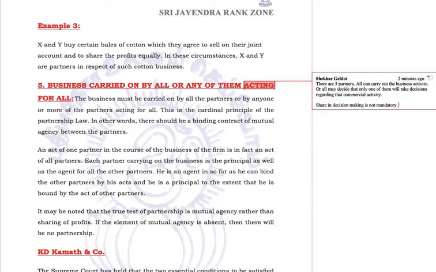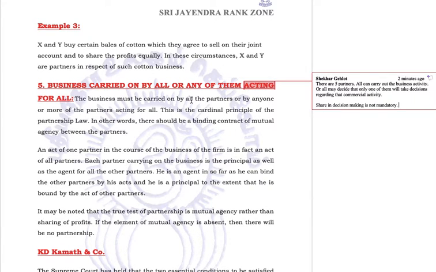That's it. And it is not mandatory who is acting on behalf of them. Either all of them are acting for the partnership, or only one of them is acting for the partnership. Any one of them can be the acting partner for all of them. The business must be carried on by all of the partners, or by any one or more of the partners acting for all.